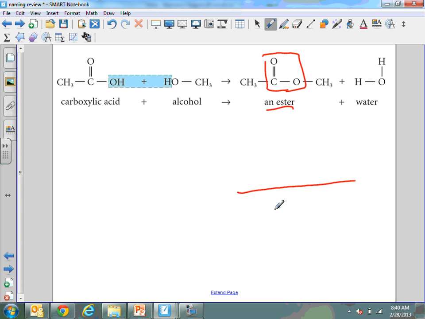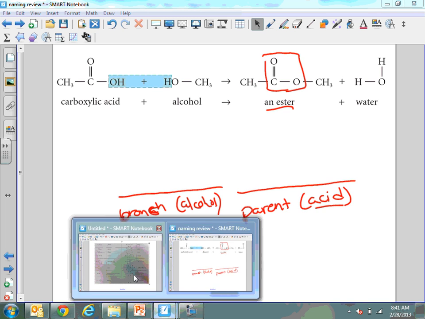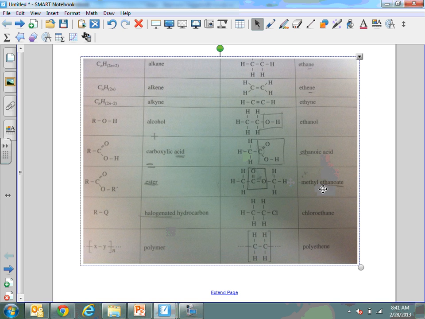The parent chain, the one that comes at the end, is the part that came from the acid. And then the prefix of the name, this is like a branch off of it, and this is the part that came from the alcohol. So when we're naming the acid part, we change the ending so it doesn't have the -oic ending anymore. It's going to end in -ate. So we just switch the ending of the acid to -ate.